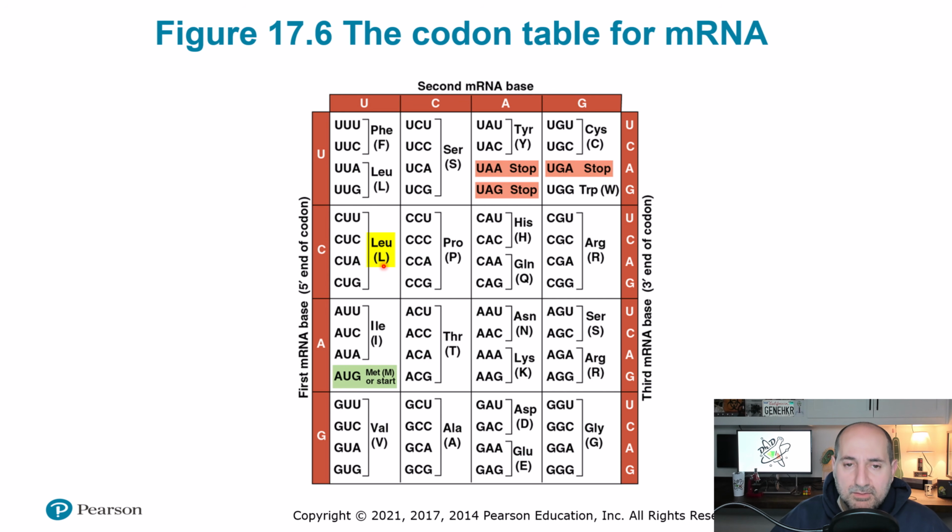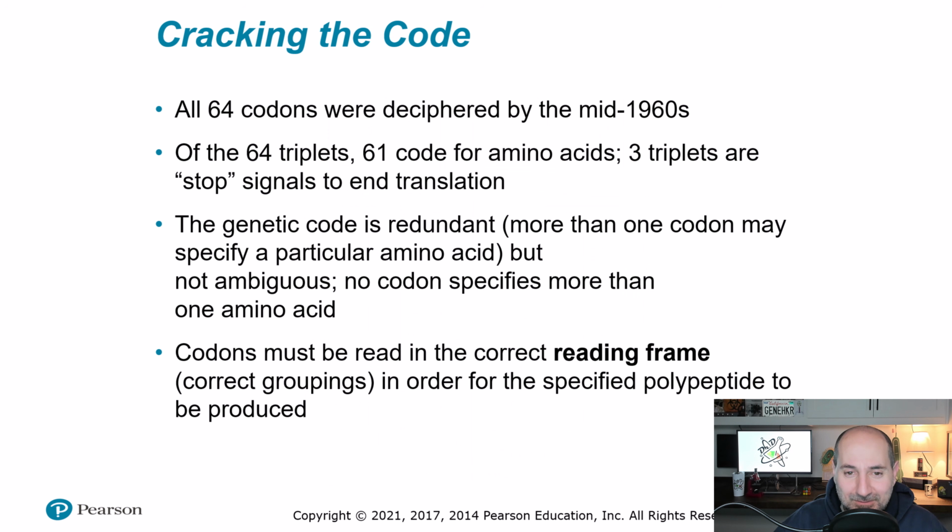So there can be more than one codon coding for the same exact amino acid. And that makes sense because otherwise, what are you doing with 64 words and 20 meanings? There must be some redundancy there. And so they consider the genetic code as redundant.